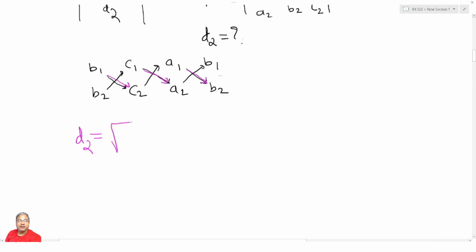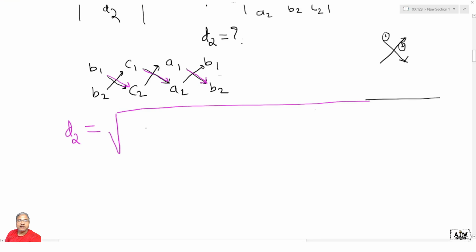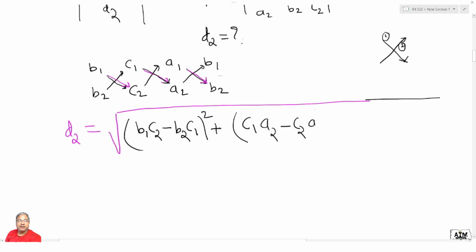So d2 equals the square root of (b1 multiplied by c2 minus b2 multiplied by c1) whole square plus (c1 multiplied by a2 minus c2 multiplied by a1) whole square plus (a1 multiplied by b2 minus a2 multiplied by b1) whole square. So by using this formula, we can find d2.